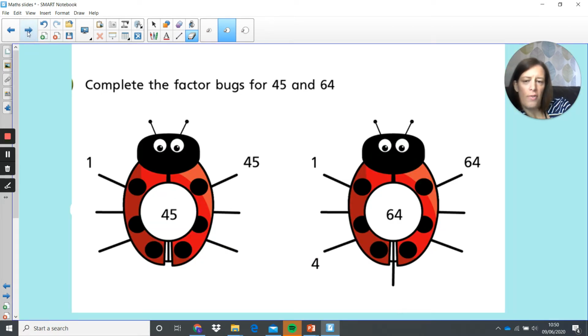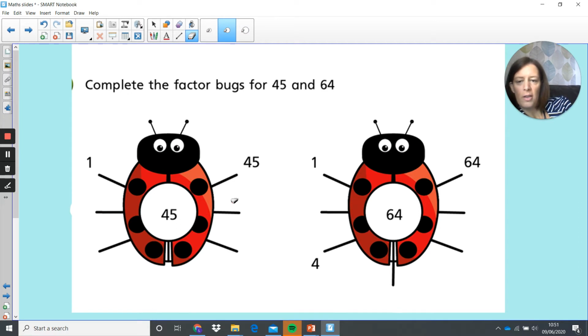Okay, so you're going to have a go now using these factor bugs for the numbers 45 and 64. Think carefully, what numbers can you multiply together to make 45? Well, I've given you the easiest one here. You can multiply 1 and 45 together to make 45. So that's one factor pair.